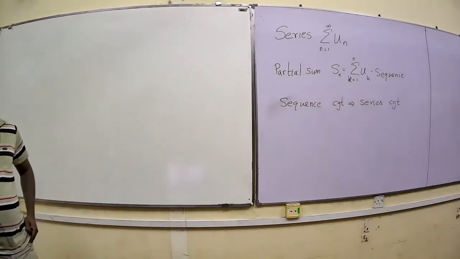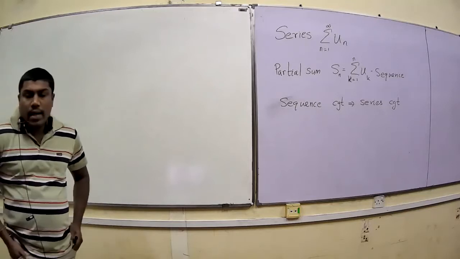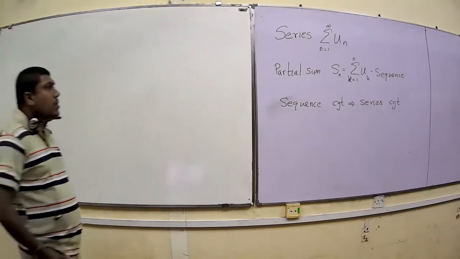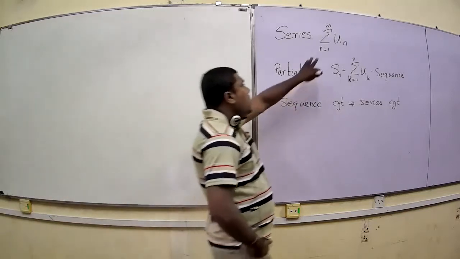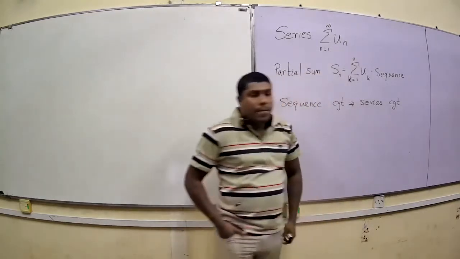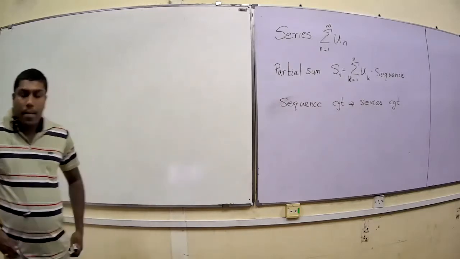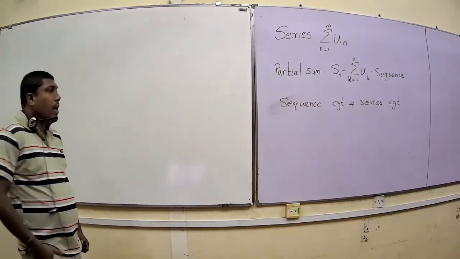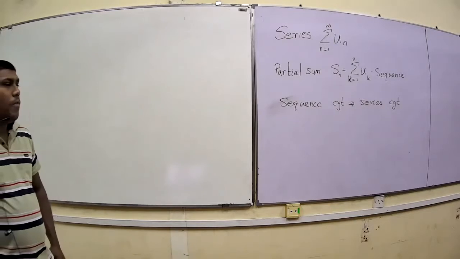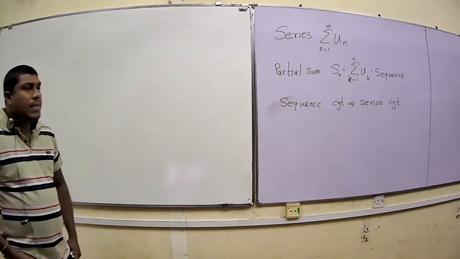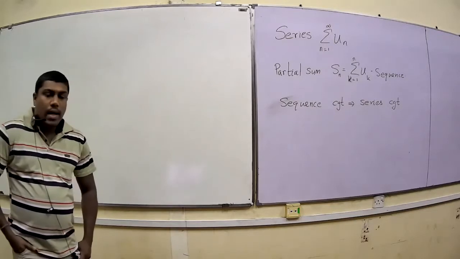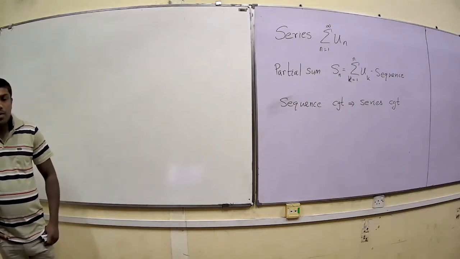Okay, so this is what we learned last time, right? We define a series. A series is basically a summation of real numbers indexed by natural numbers. From a series, you can generate a sequence, the sequence of partial sums.